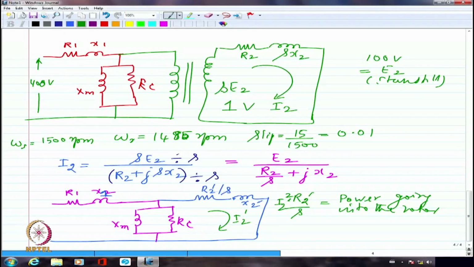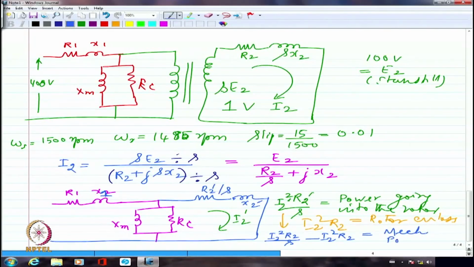So, we would say out of this, I2 square R2 is going to be the rotor copper loss. And whatever we get as the difference between these two, that is I2 square R2 by S minus I2 square R2, is going to be the mechanical power, because otherwise where will the motor get the power to rotate from? It has to get it from here.